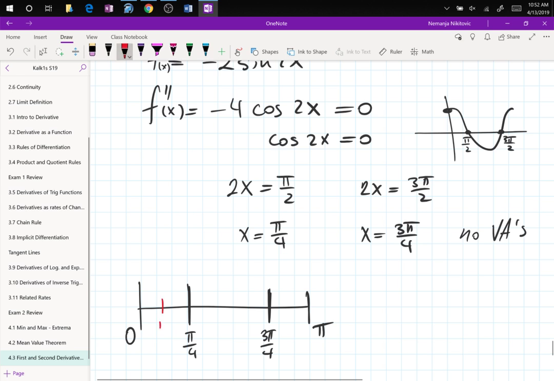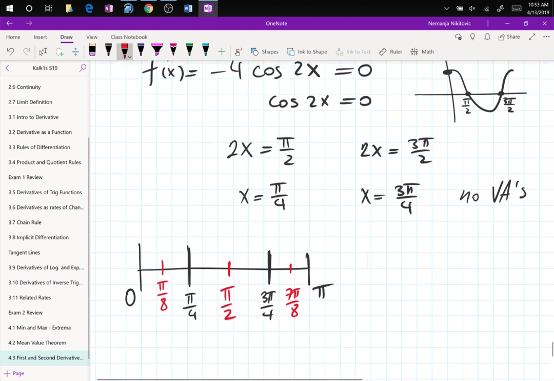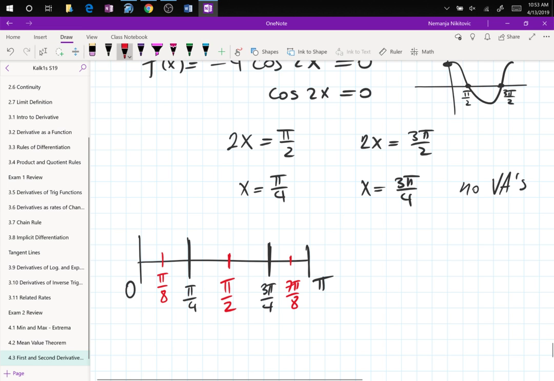I'm going to pick pi over 8, because when I plug that in, the 8 and 2 will cancel. It's nice. Over here we can just pick pi over 2. And then over here, 7 pi over 8, because pi is 8 pi over 8, so one before that would be 7 pi over 8.